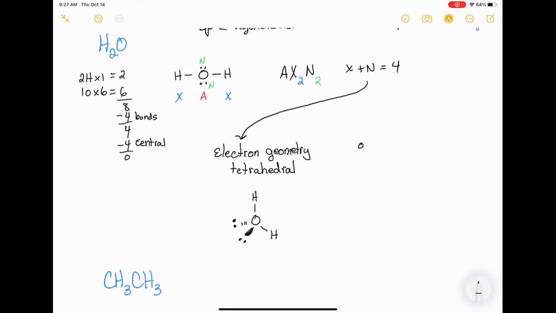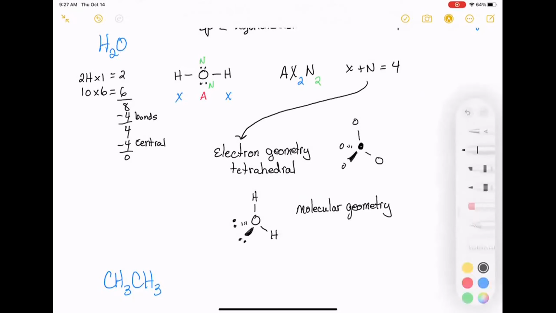By the way, if I were simply to draw the electron geometry, again, it's tetrahedral. But when you go to the molecular geometry, you replace some of the atoms with those lone pairs.